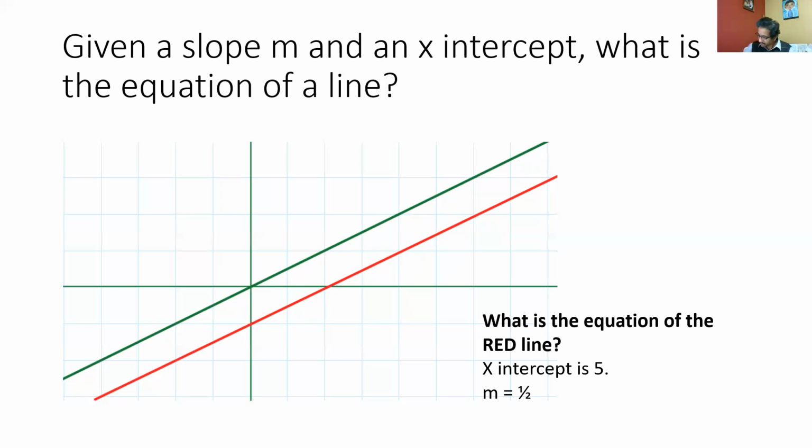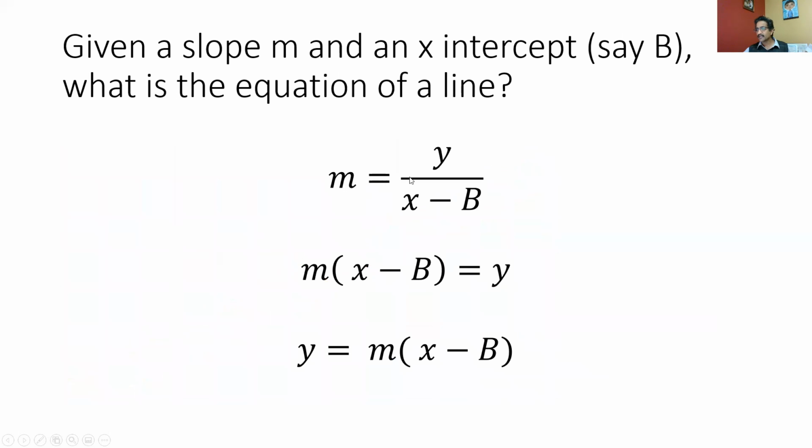For the red line, whatever x you have, you do a minus 2, and then y is equal to mx. So y is equal to m into x minus b.